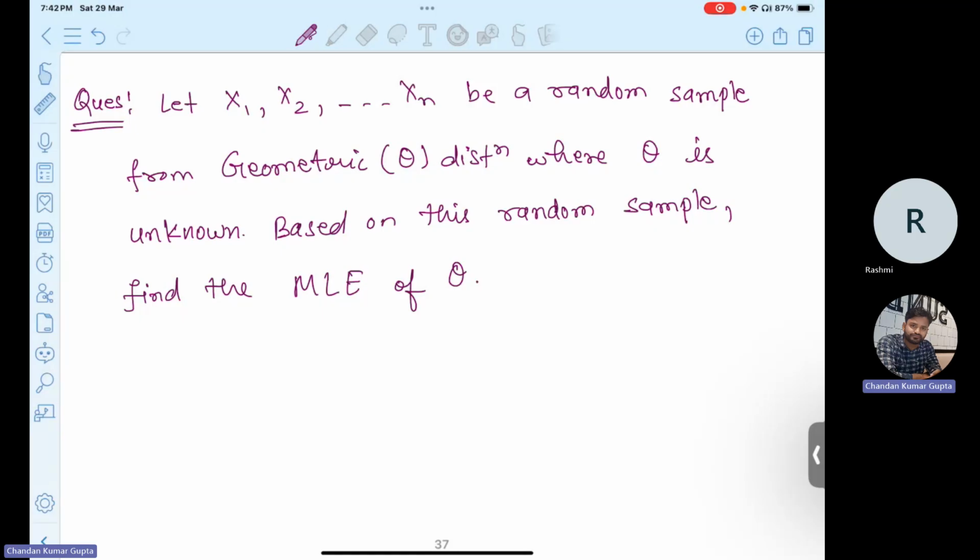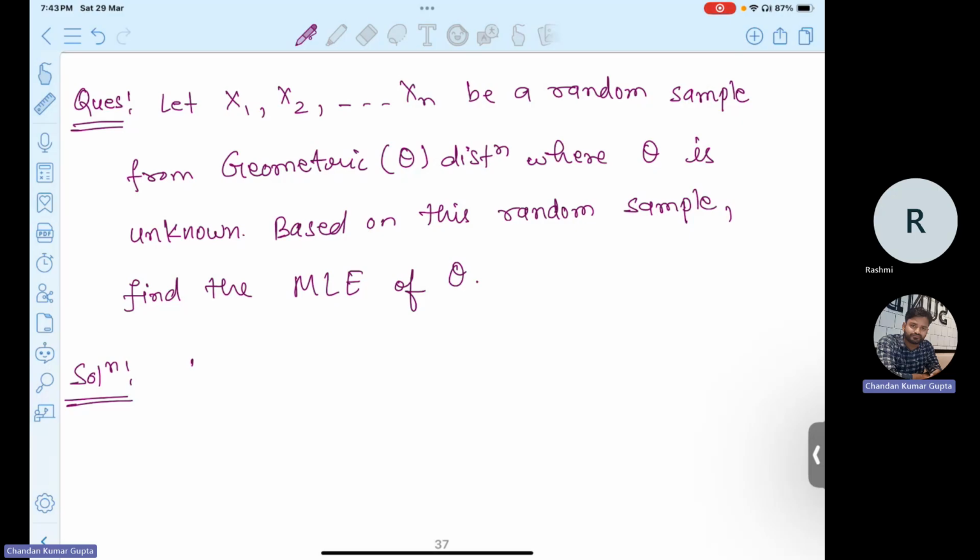Okay, let's solve this question as well with a similar approach. Previously we solved for a continuous random variable, theta x to the power theta minus 1. But here it is a discrete random variable, but the approach is the same. So let's start.